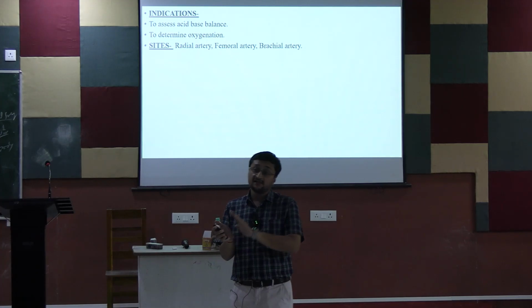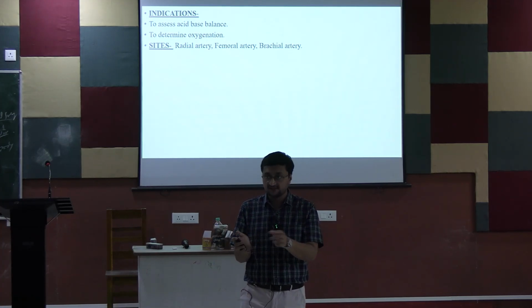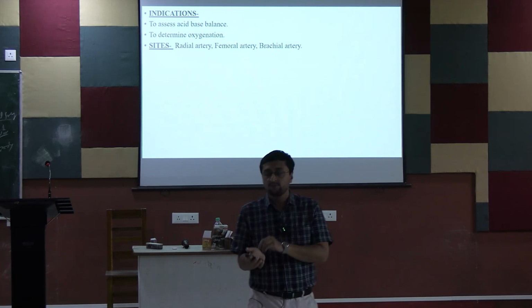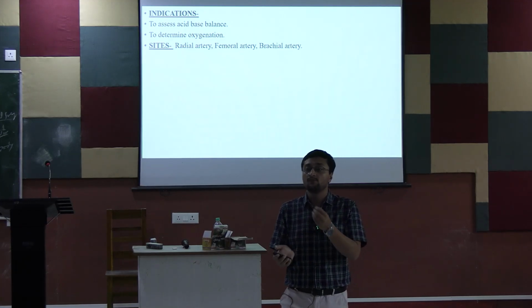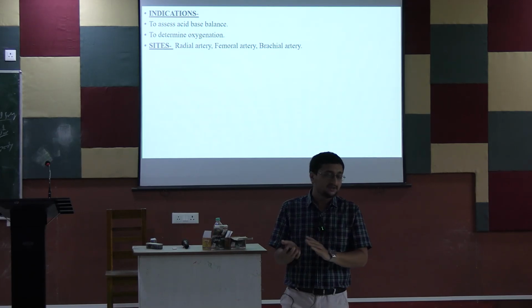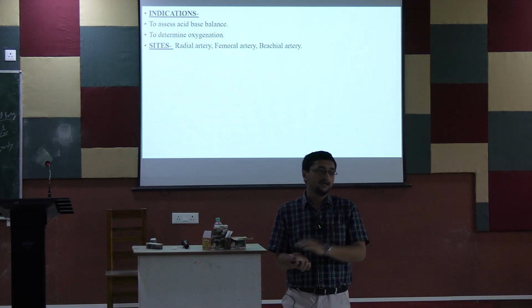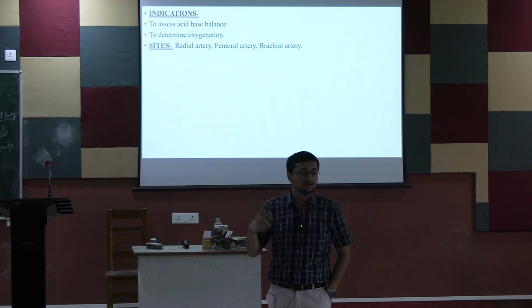There is another collateral circulation to the palmar arch besides the radial artery, that is the ulnar artery. So if by any chance you puncture the radial artery and it gets thrombosed, there will be no blood circulation through the radial artery. Nothing to worry. There is another artery, the ulnar artery, that supports the palmar arch, but there is no such collateral circulation in other areas.